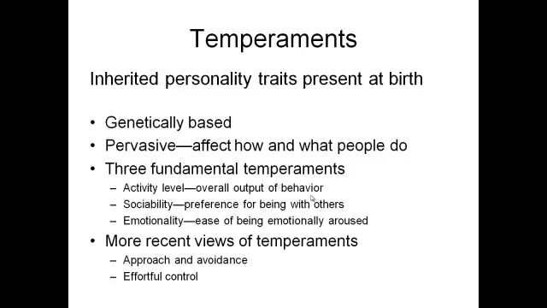Some other areas of interest when it comes to studying temperaments are approach and avoidance, and we'll talk about that in a little bit. There's the behavioral approach system, and then there's a behavioral inhibition system, and we'll probably talk about that when we get to the next chapter.